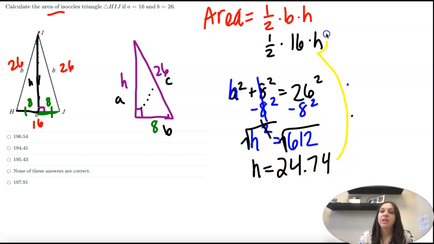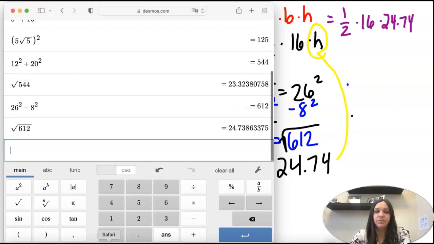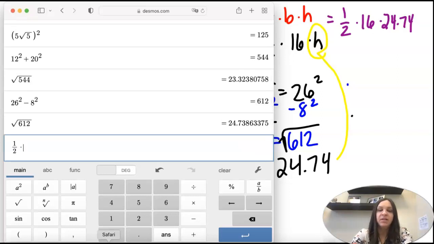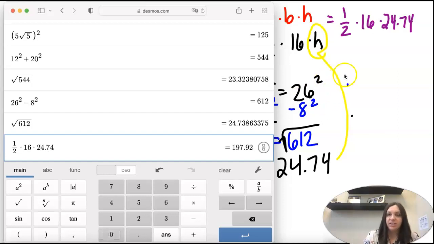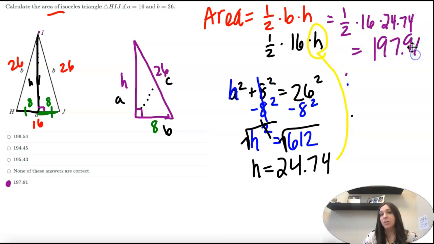That's what goes here for H. So my area is 1/2 times 16 times 24.74, which is 197.92 or 91 because we rounded right here. Every time you round, you get a little bit off what you started with.